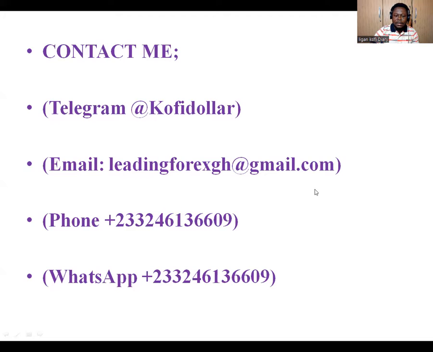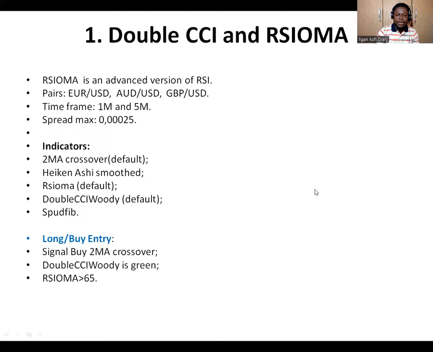Now, let me introduce you to the very first strategy, which is the DoubleCCI and RSIOMA strategy. This strategy is what a professional forex trader uses, and I'm going to introduce you to the rules he uses in trading the strategy.